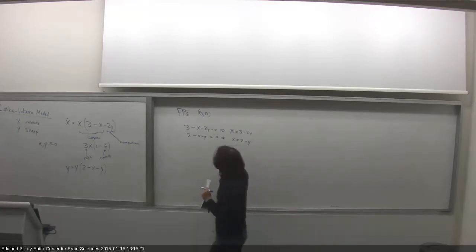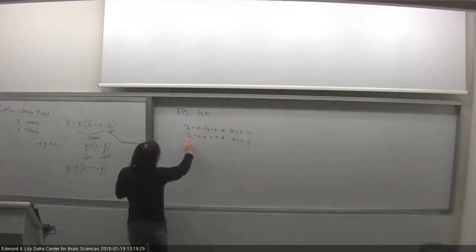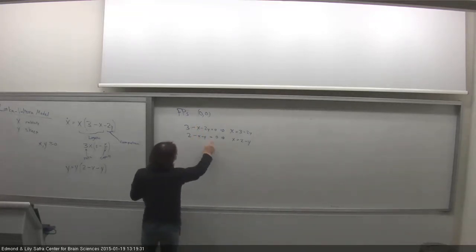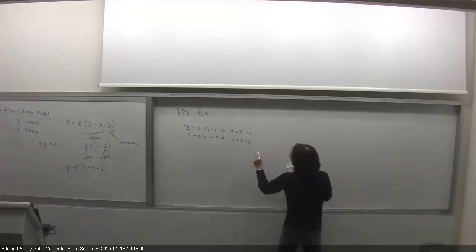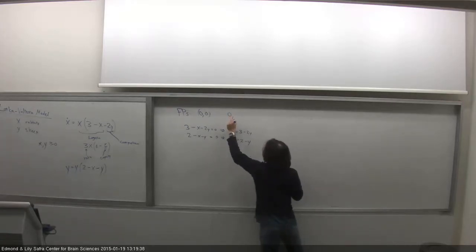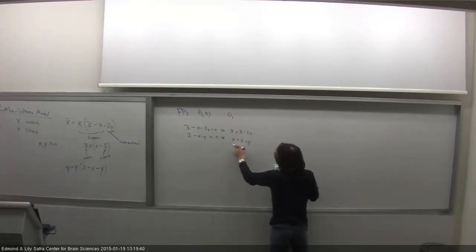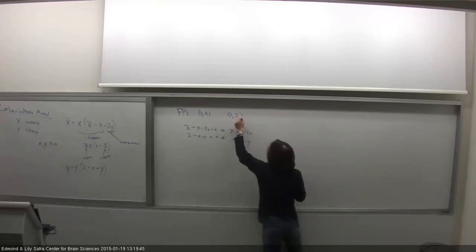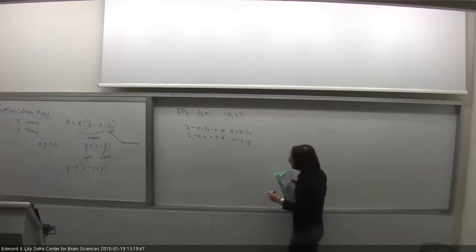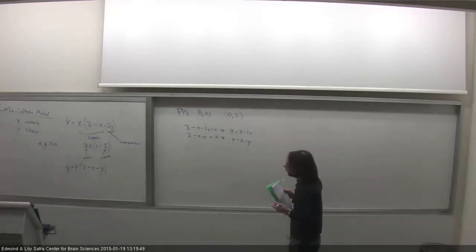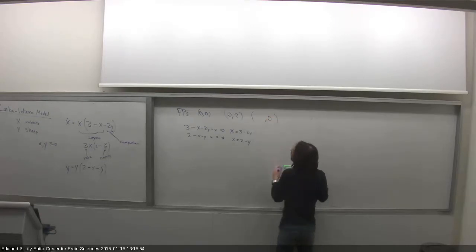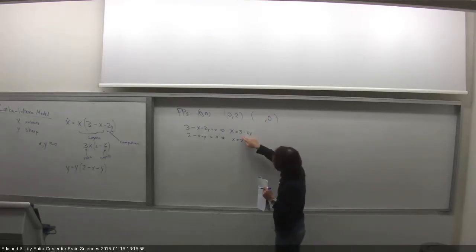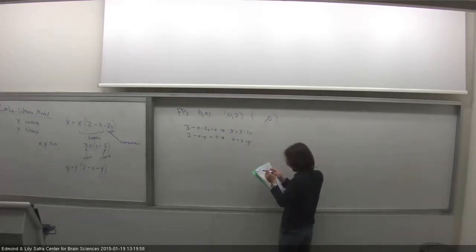And then we could start doing the combination. So what if x equals 0, but y does not equal 0? But still, this equation can have a 0 with this. So we could have a fixed point at 0, and then 0 equals 2 minus y, so y equals 2. Then what if y equals 0, but x does not equal 0? So still we might have a 0 if this condition is met.